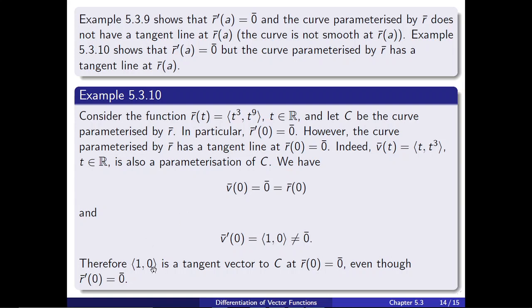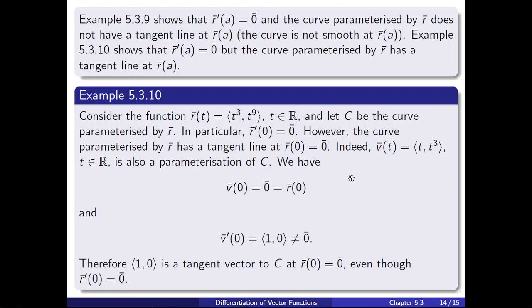And so we know that if v prime of 0 is not equal to the 0 vector, the vector (1, 0) is a tangent vector to the curve parameterized by v of t. But that also means that (1, 0) is a tangent vector to c at r of 0, which is equal to 0, even though r prime of 0 is equal to the 0 vector.